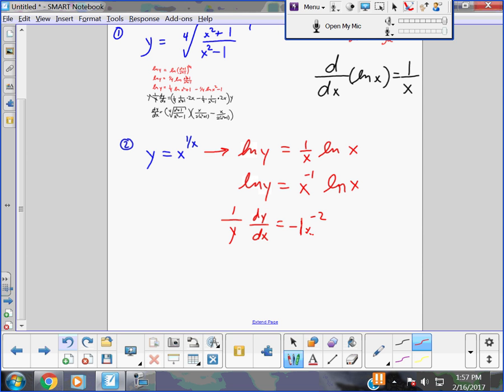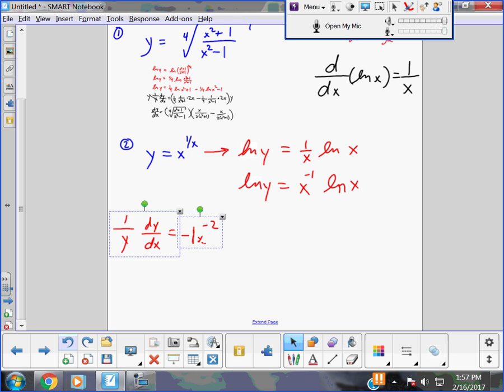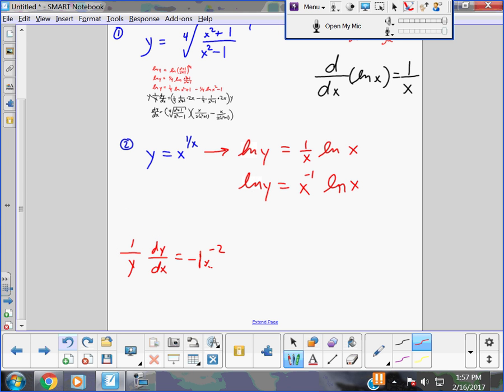Alright. Got a dead spot over here. I'm going to have to move this over here. Times ln x still. Plus x to the negative 1, and the derivative of ln x is 1 over x. And everybody, these would both be dx's, but we divided by dx already.